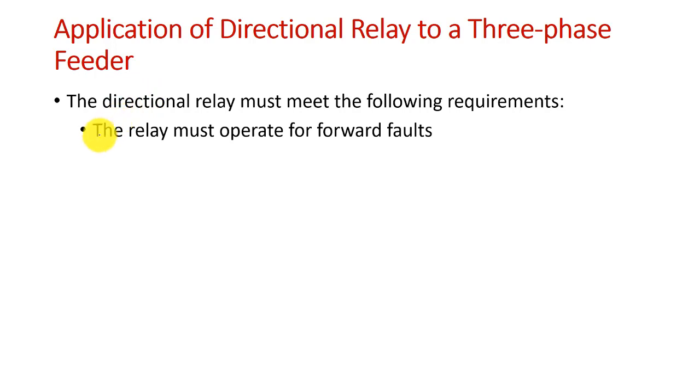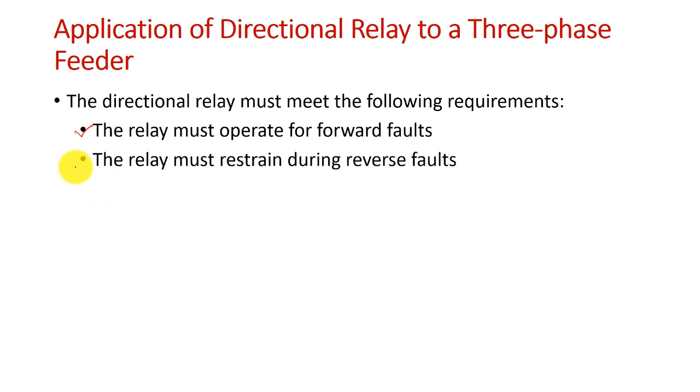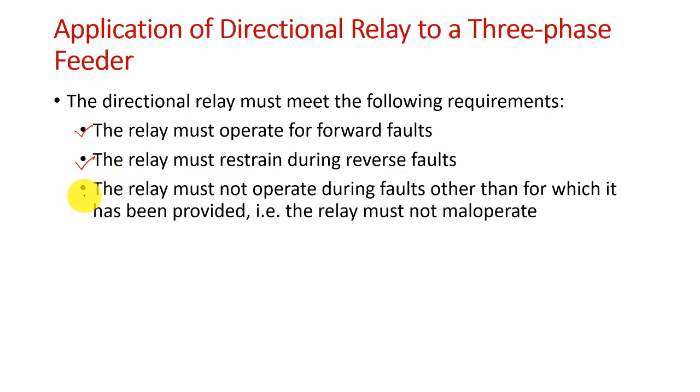The first requirement is that the relay must operate for forward faults. The second requirement is that the relay must restrain during reverse faults. The third is that the relay must not operate during faults other than those for which it has been provided, that means the relay must not maloperate. These are the three main requirements of a directional overcurrent relay.